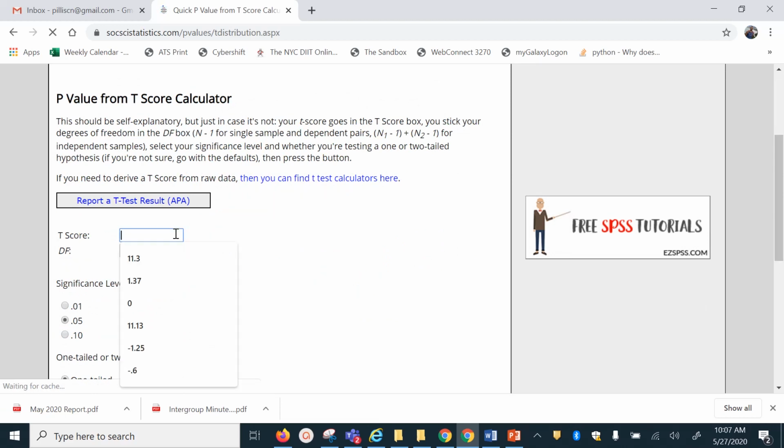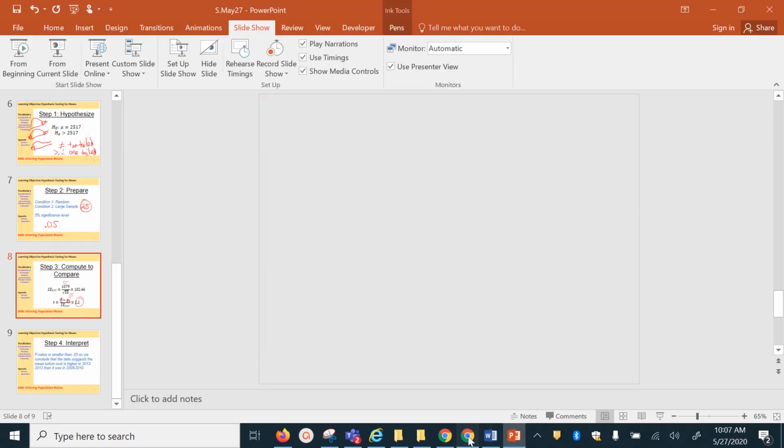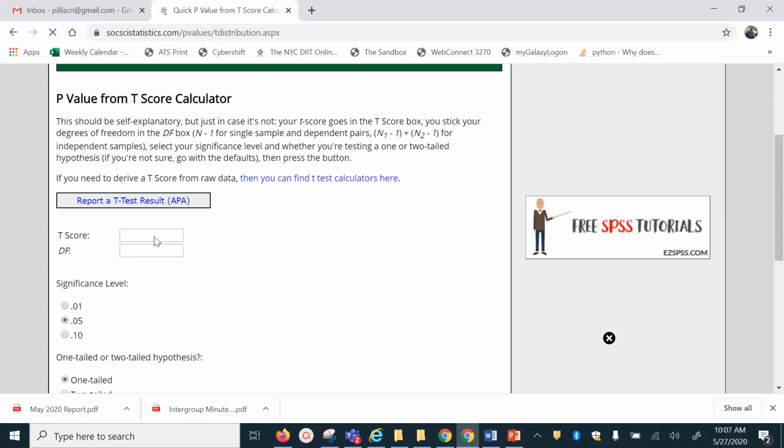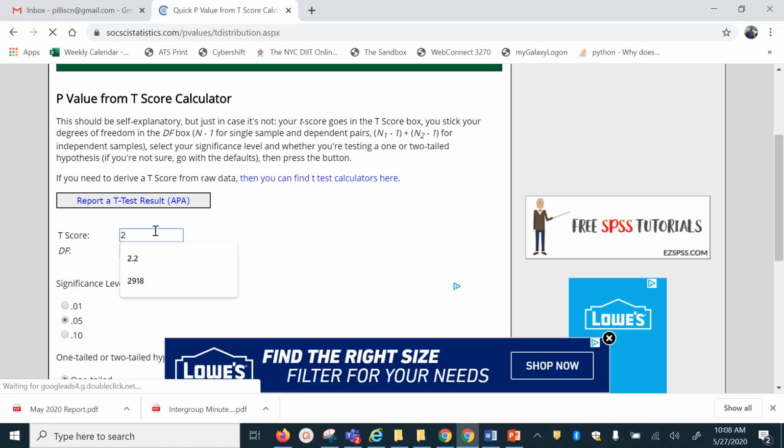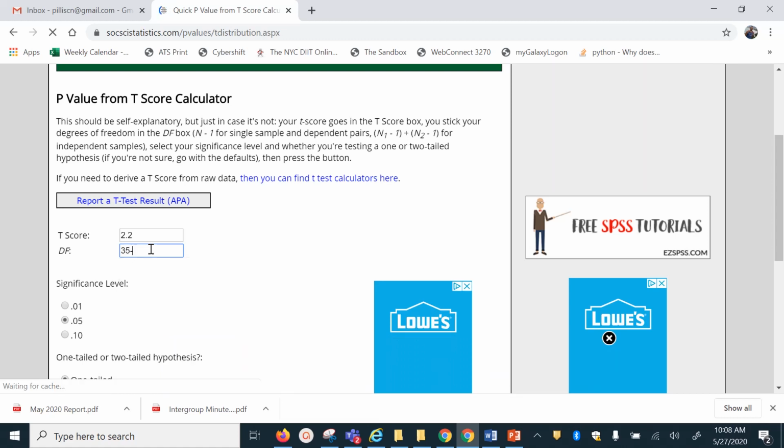So here's our t-score. The other calculator had you put in all the values, and I just was not putting in values. We calculated the t-score to be 2.2, so I'm going to type in 2.2. And DF is your degrees of freedom, which, by the way, all you do is take your sample size and subtract 1.